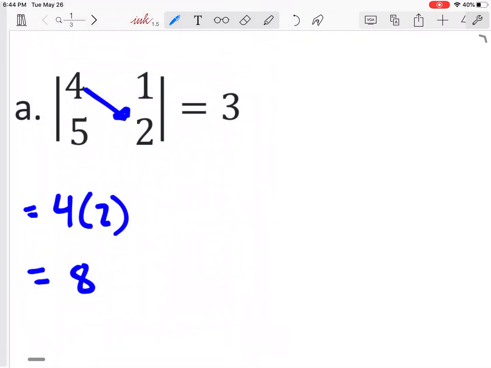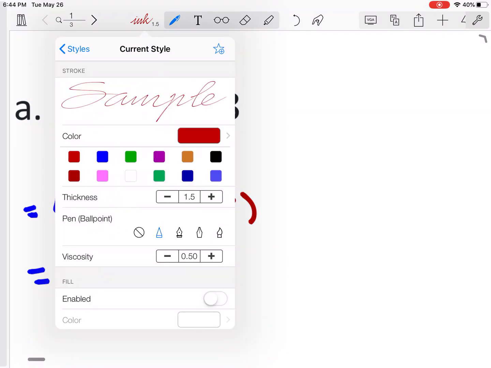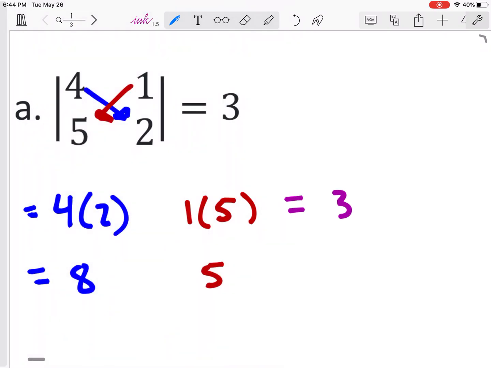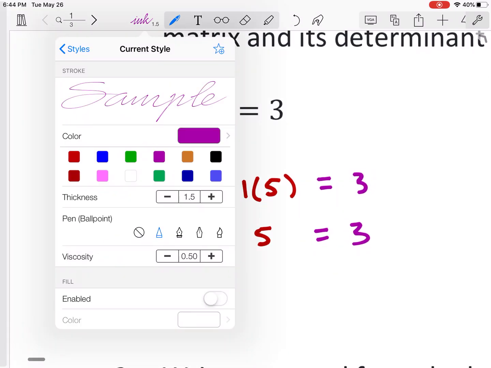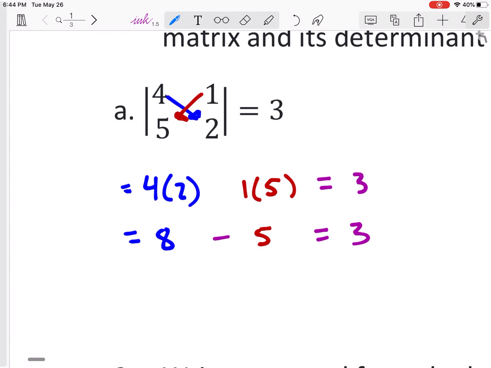And if I multiply these two numbers, 1 and 5, along that second diagonal, that gives me 5. If we think about it, how do we get 3 from those two numbers? Well, we can subtract them. 8 minus 5 would give us 3.